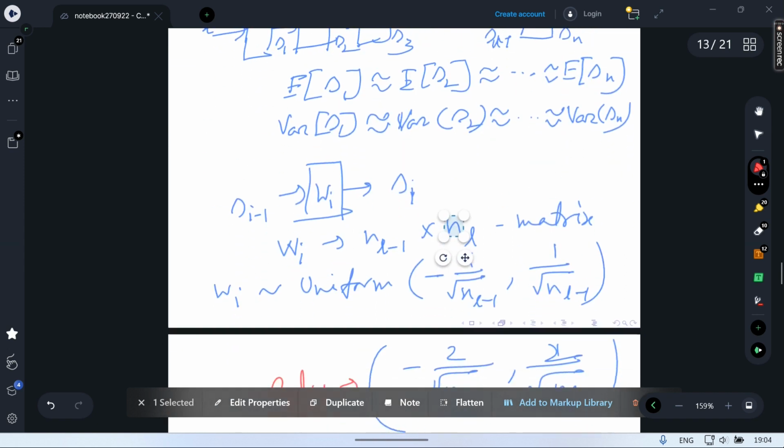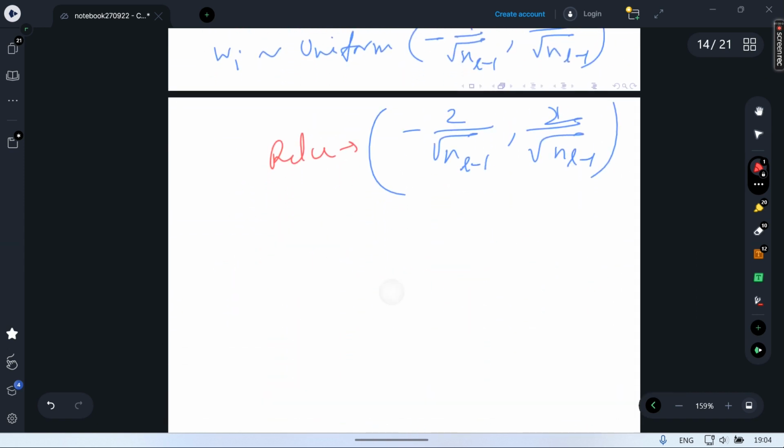You might want to impose an additional constraint, like the expectation of DL, DS1. It's not DL.